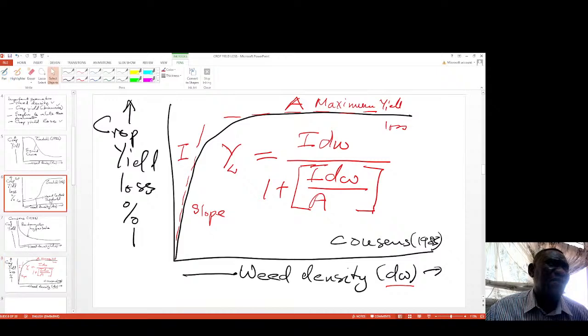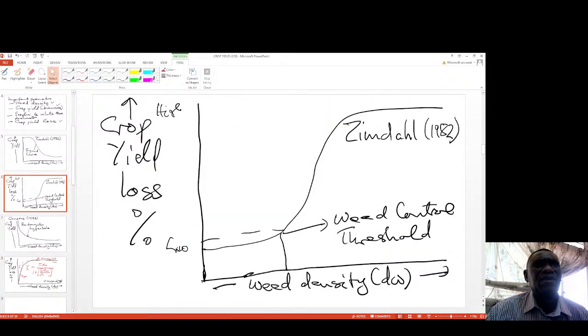Now, if we come to this graph, we can easily identify this.